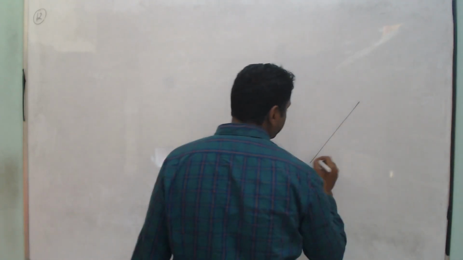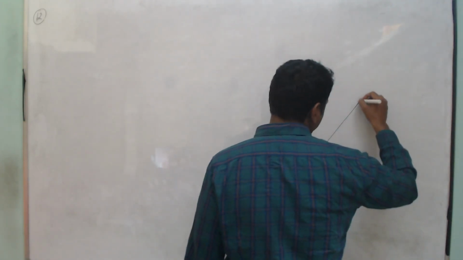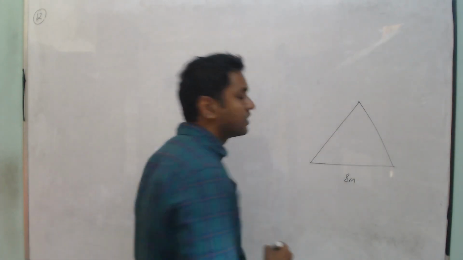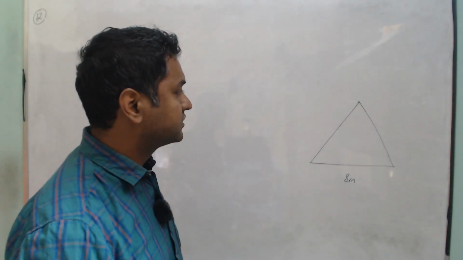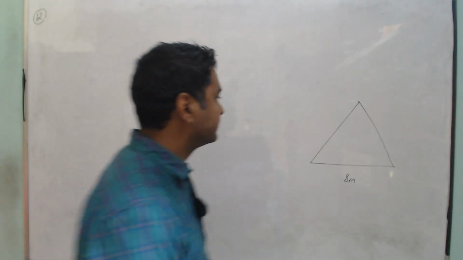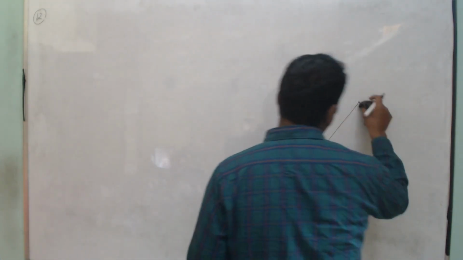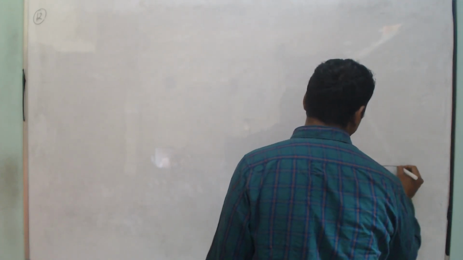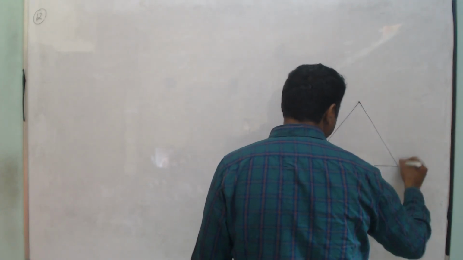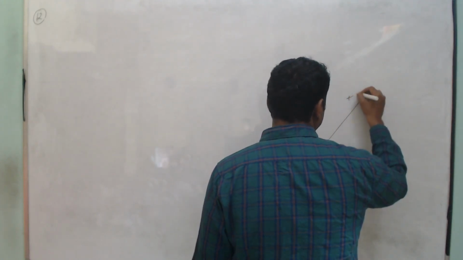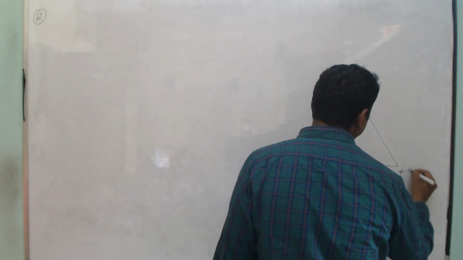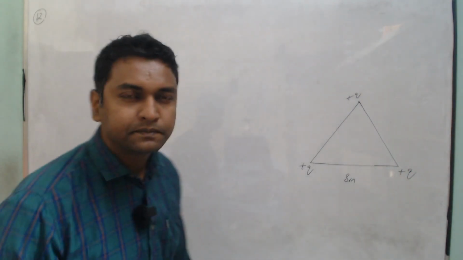So here we have an equilateral triangle of side 8 meters. Yes, sir. Okay, we have an equilateral triangle of side 8 meters and 3 identical charges plus q, plus q, plus q placed at the vertices.